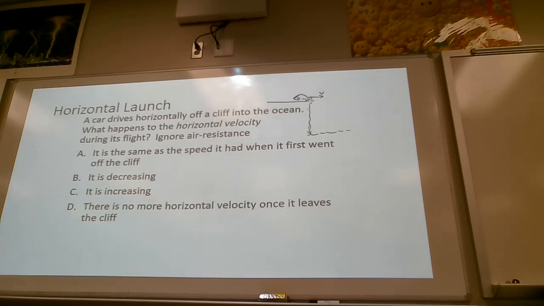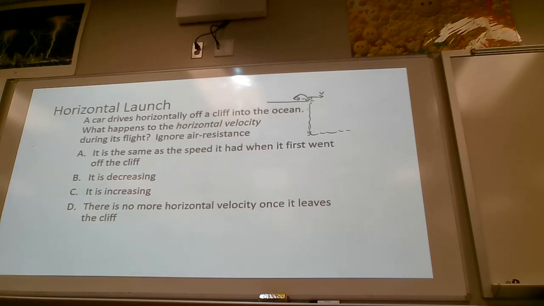The correct answer is A. Why? What's going on vertically? The force of gravity causing acceleration.